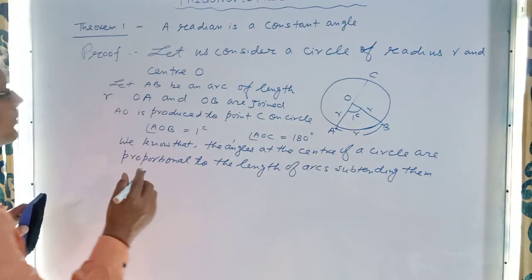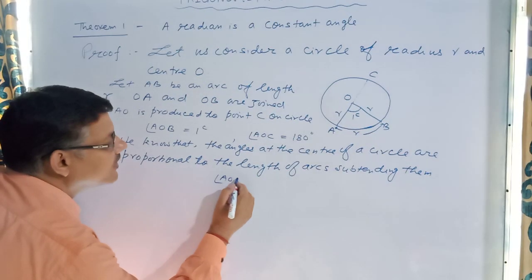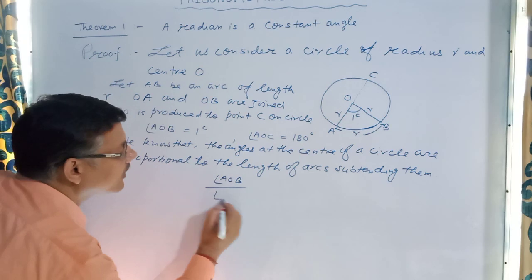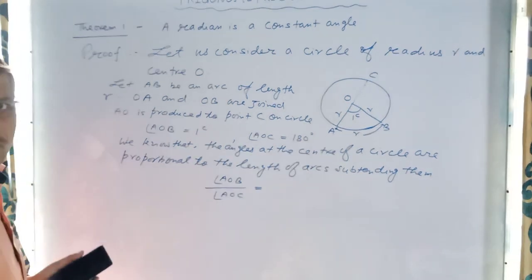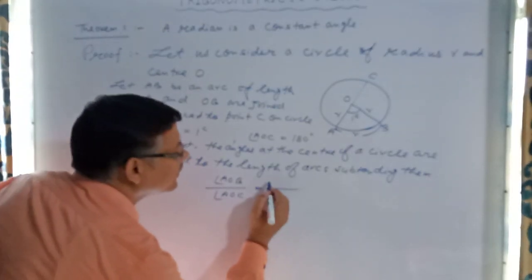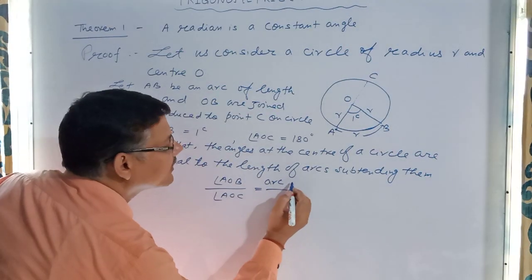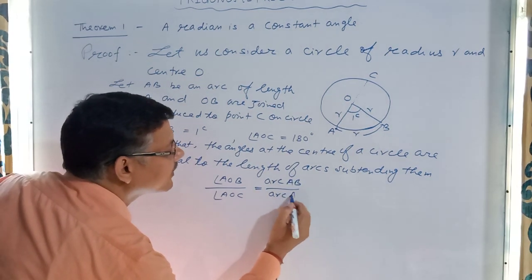So by this theorem we get angle AOB divided by angle AOC, since only two known angles are there and we are required to take the ratio of those only, equals the length of arc AB divided by the length of arc AC.